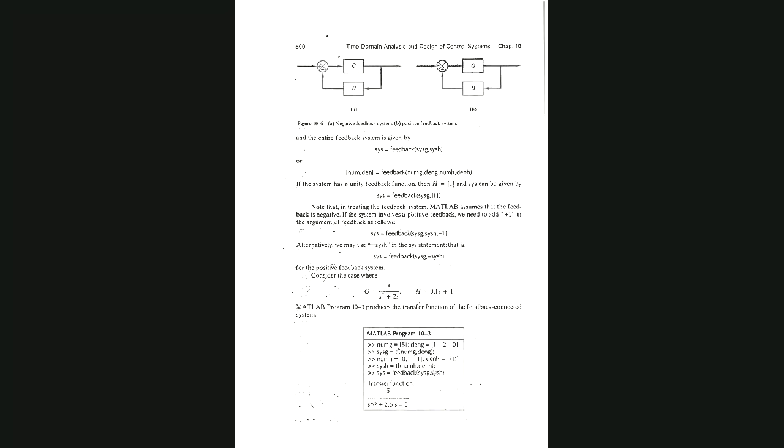And there is the feedback command, where the feed-forward transfer function and the feedback transfer function can be combined to get the closed loop transfer function, as you see. Once you get the closed loop transfer function of the feedback system, you can find its poles and so on to find how it is operating.